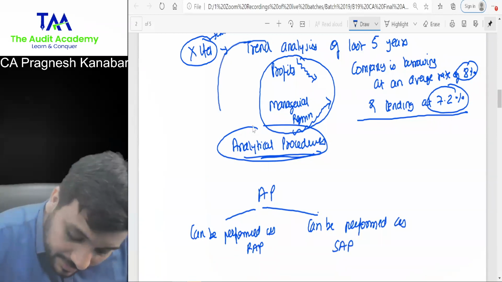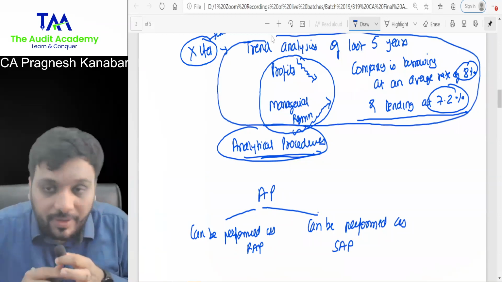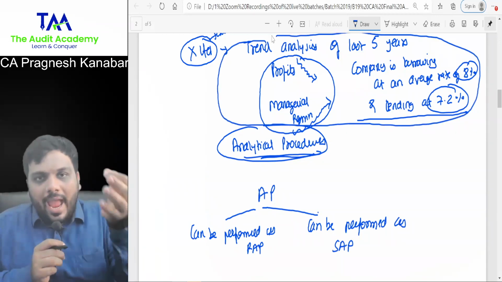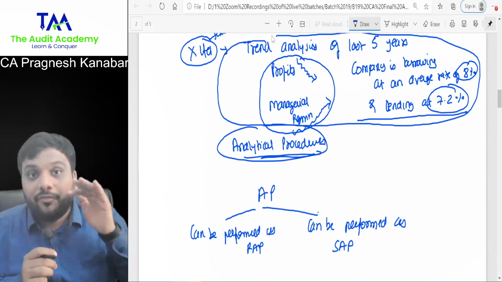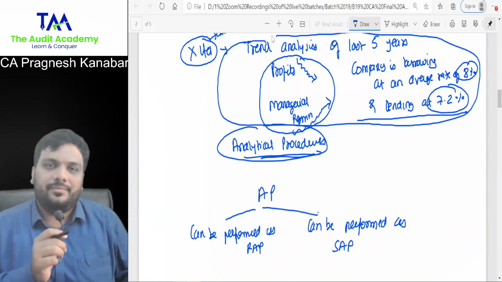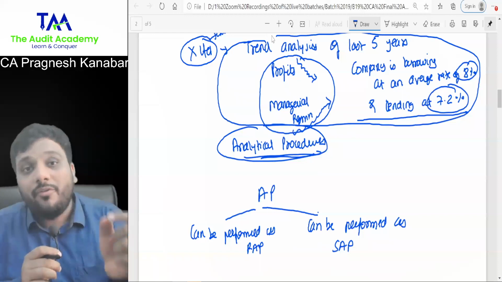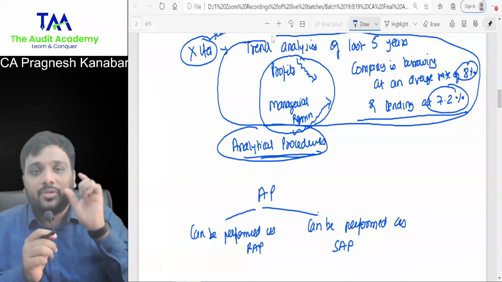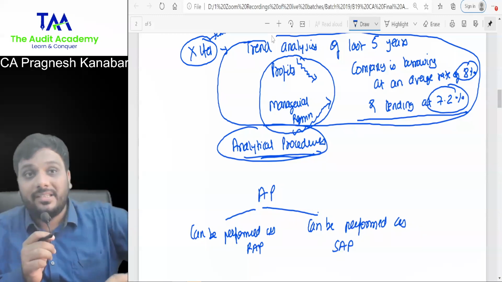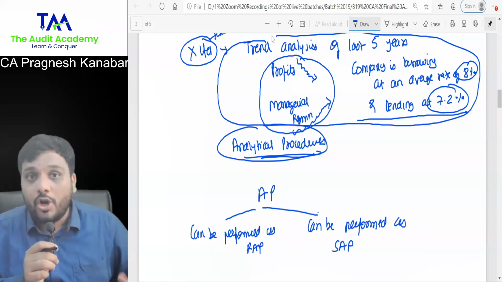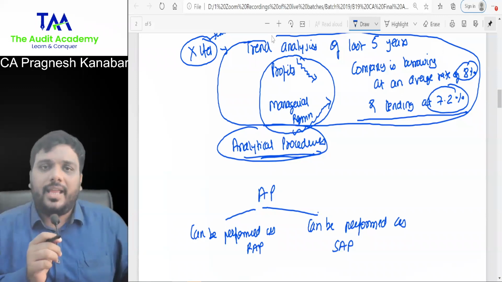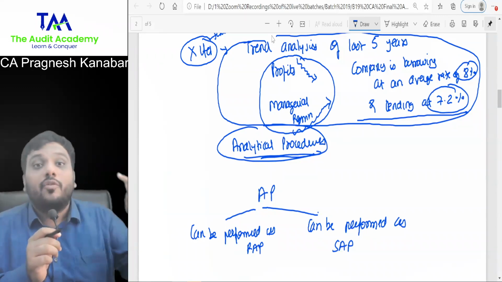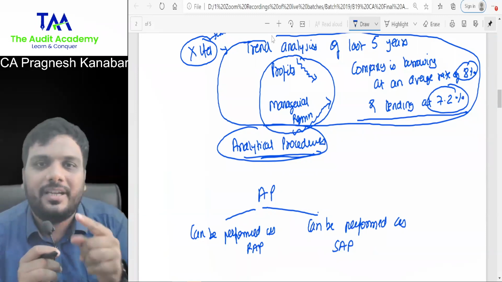With this example, I have proven to you how we can use analytical procedure for risk assessment. There is a very big misunderstanding amongst students that analytical procedure is performed only at the testing stages of audit. No. Many times, analytical procedure is performed at the beginning of the audit to find out the risk of material misstatement.